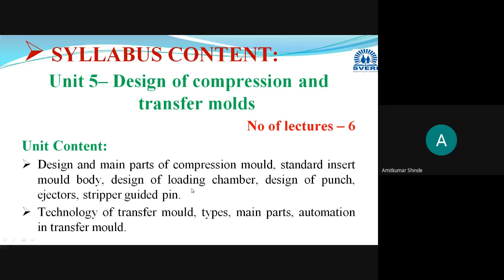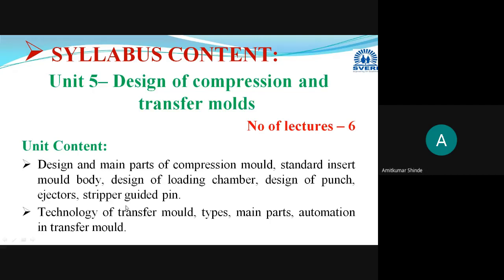In this design of the compression mold, one numerical will be there, that we will discuss, and that same numerical we are going to repeat in our practical hours, when our third or fourth practical is based on the design of compression mold.